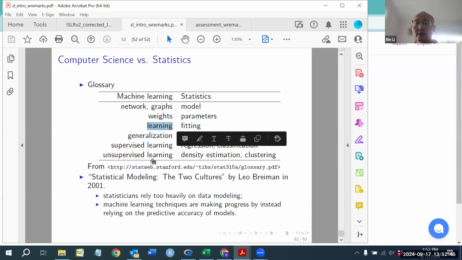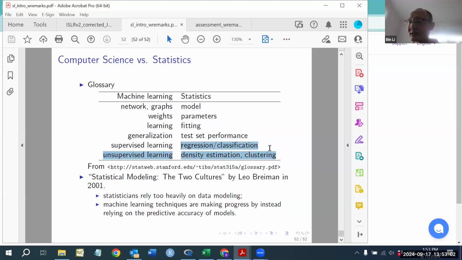And learning in computer science means fitting in statistics. Generalization means test set performance in statistics. Supervised learning in statistics we call regression or classification. Unsupervised learning, in statistics we have density estimation, clustering, and so on.